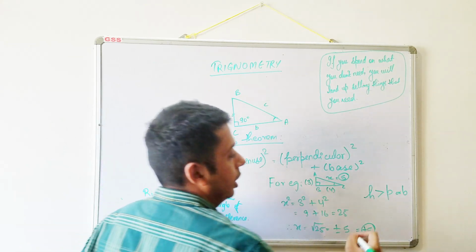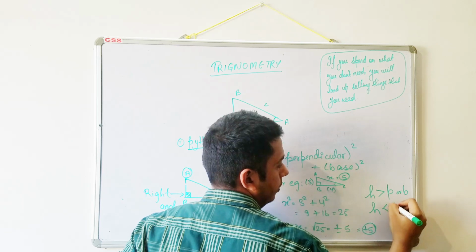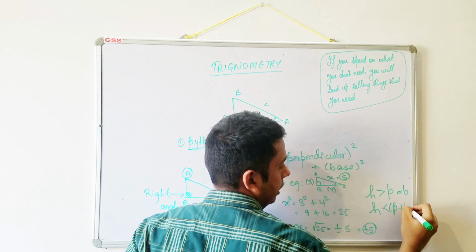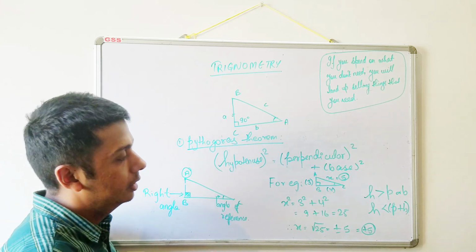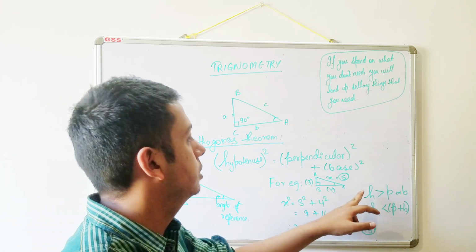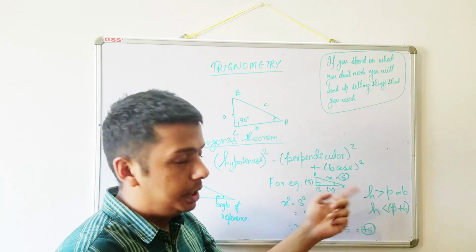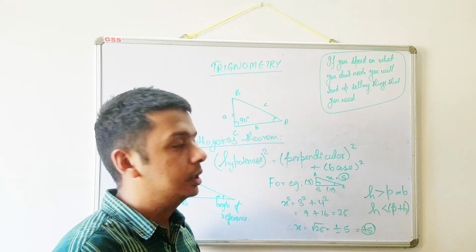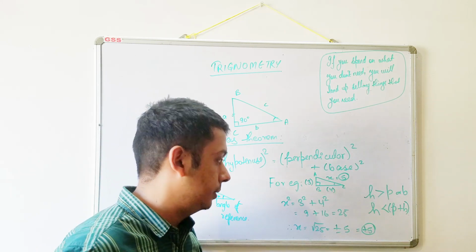But hypotenuse would be always smaller than the perpendicular and base combined together. So hypotenuse is always the longest side in the right angle triangle, but hypotenuse is always smaller compared to the sum of the perpendicular and the base.